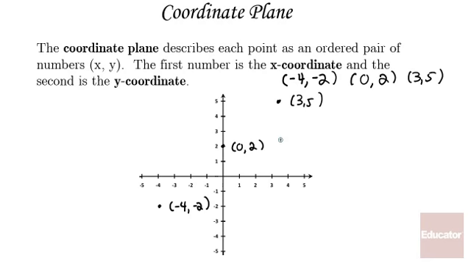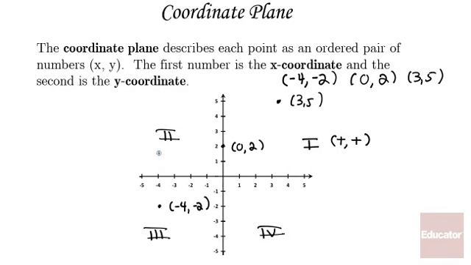Also recall that the quadrants are labeled with the Roman numerals 1, and then going counterclockwise, quadrant 2, quadrant 3, and quadrant 4. The coordinate pairs in the first quadrant, the x is positive, as is the y.